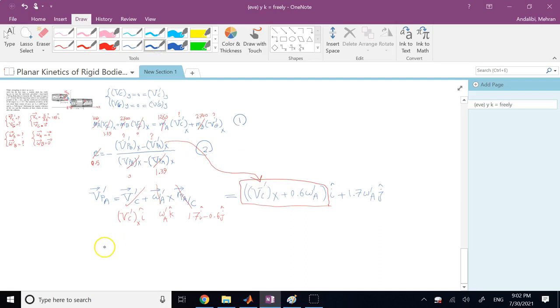Also, you can write a similar formula for V prime PB based on V prime of G, because PB and G belong to object B, and then omega prime of B cross R of PB with respect to G. And again, if you replace, V prime G has what?